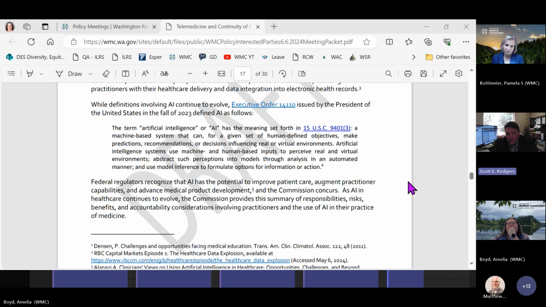One could argue that even some of the information, like UpToDate, could theoretically fall under some type of that thing. So I just want to make sure that if we're going to require informed consent to even use AI, we make sure that the definition is not so broad as to sweep in any type of information system. That's one fuzzy area that I see. I like this definition, and I believe that this definition could arguably exclude that. I'm just setting out something that could be on the horizon.